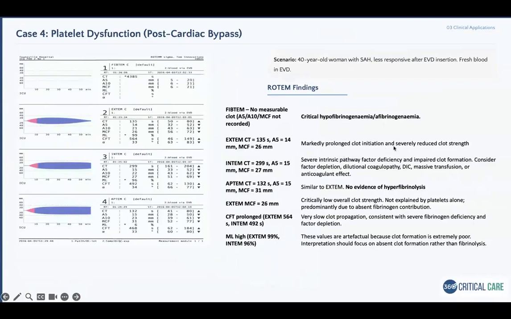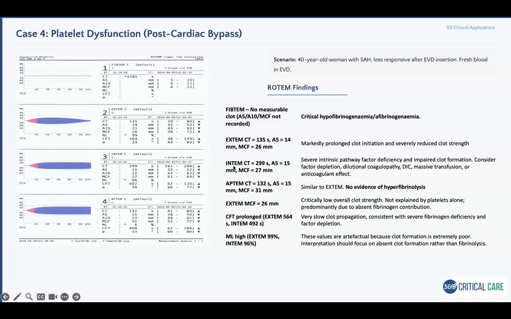Markedly prolonged clot initiation and severely reduced clot strength, because your clot formation time is prolonged and your clot firmness is only 20 seconds. So these are markedly reduced, which is a function of platelet. So platelet and fibrinogen both are low. In INTEM, the A5 is 15 and firmness is 27.